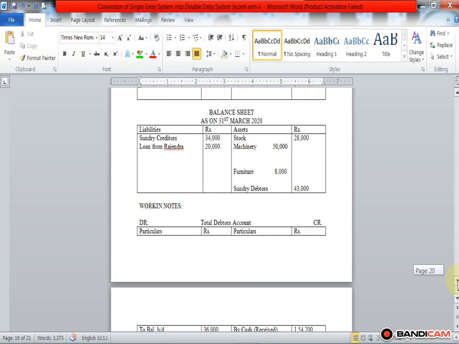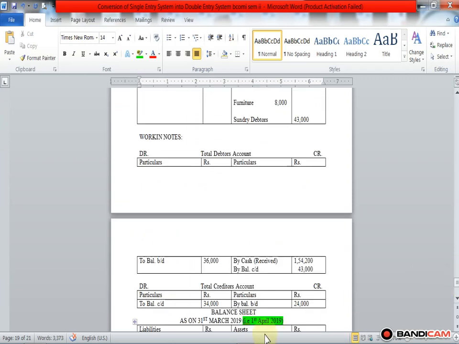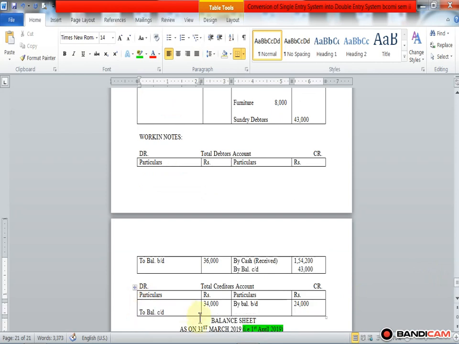So here the second account is our creditors account. On the debit side of the creditors account we post the cash paid, amounted to rupees 74,000.